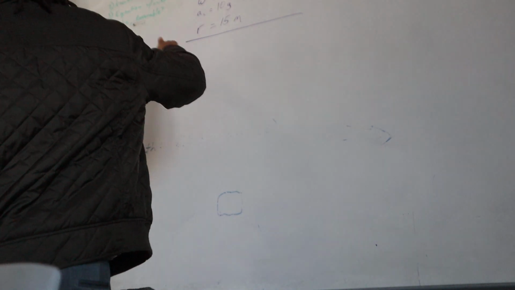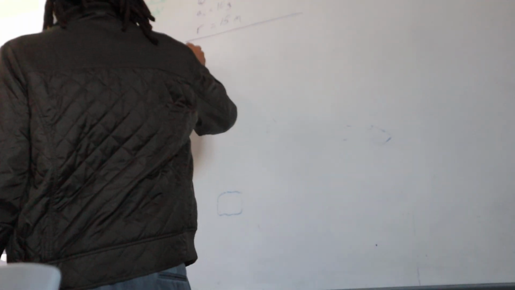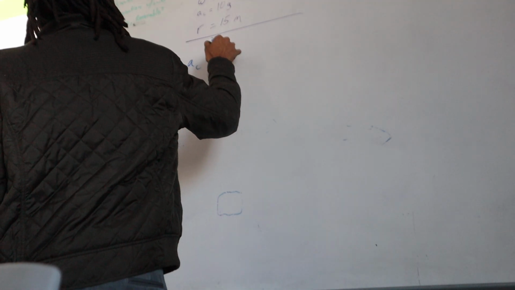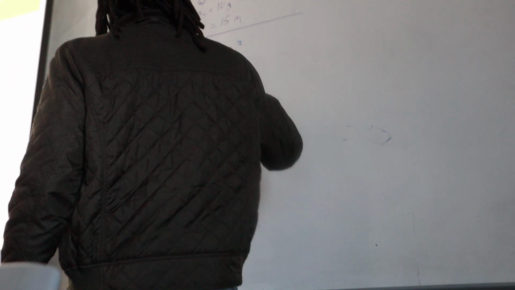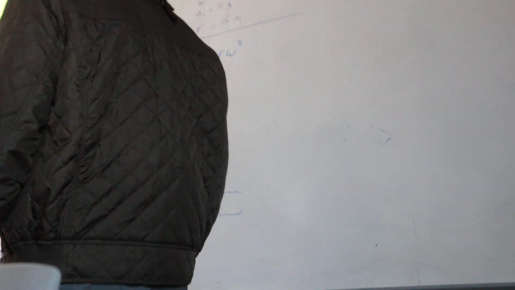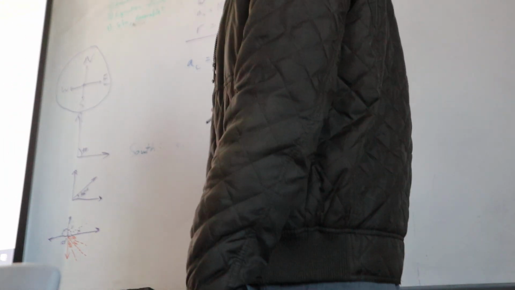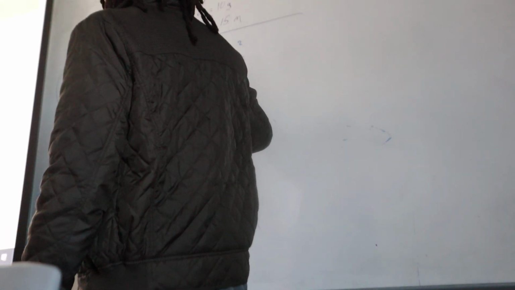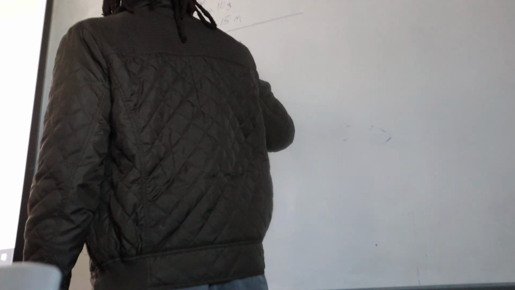I know AC equals omega squared times R. AC equals R times omega squared. Look at omega. Yeah, exactly. So it's the same type of deal. Omega equals the square root of AC over R.